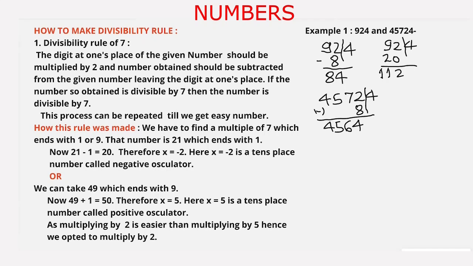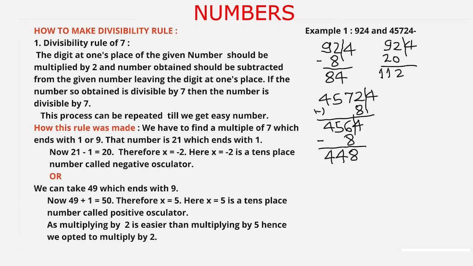Again this is a big number. So we multiply again the last digit 4 by 2 and we get again 8, and after leaving the last digit 4, we again subtract 8 from 456, we get 448. Again this is a big number.